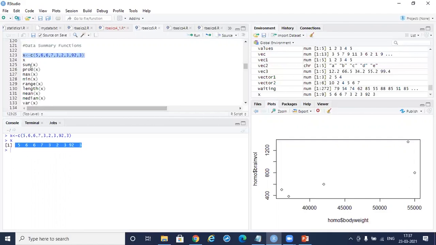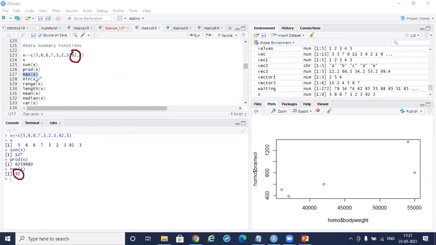Now there is sum. If we want the sum, it adds everything in the vector: 127 is the sum of all the values present. Product is also there. Then minimum and maximum: max of the x vector shows 92 as the highest number.